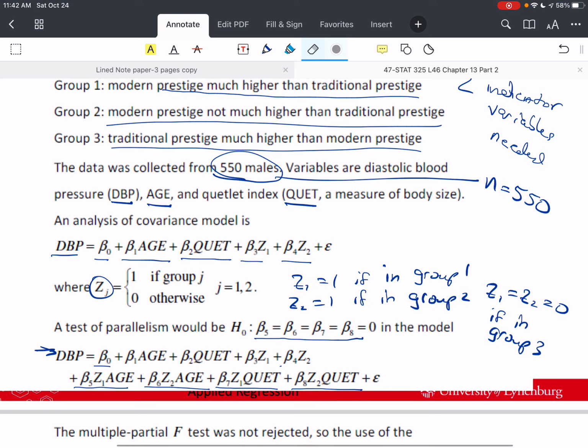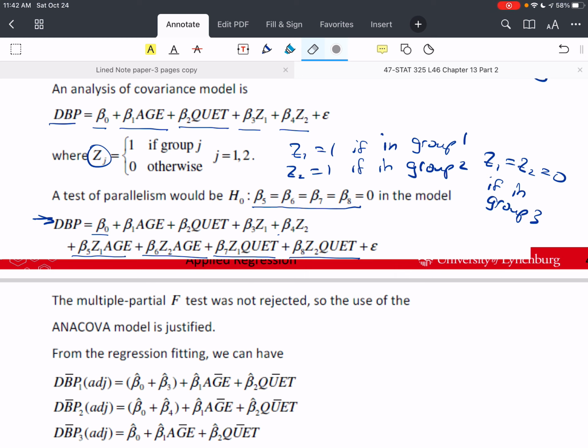The multiple partial F-test was not rejected. We looked at this earlier at some point, and the multiple partial F-test was not rejected.